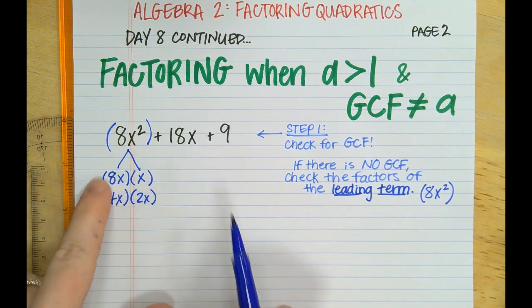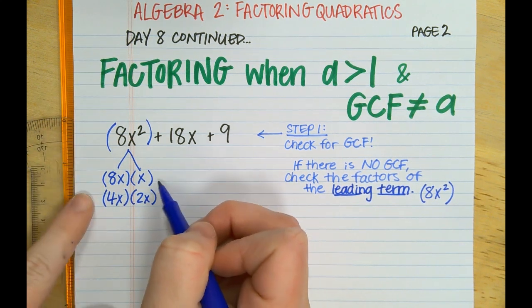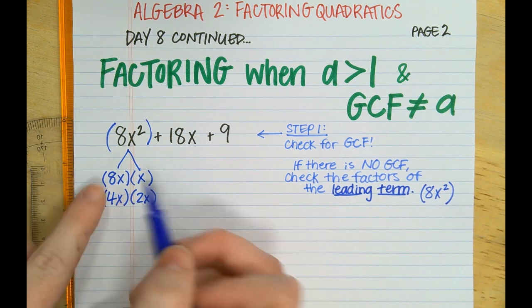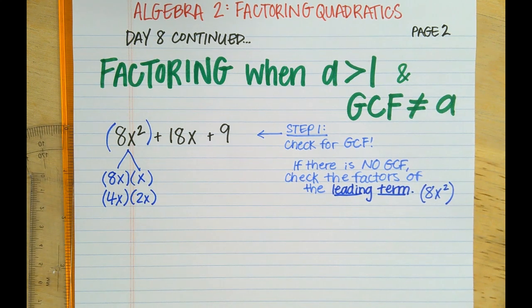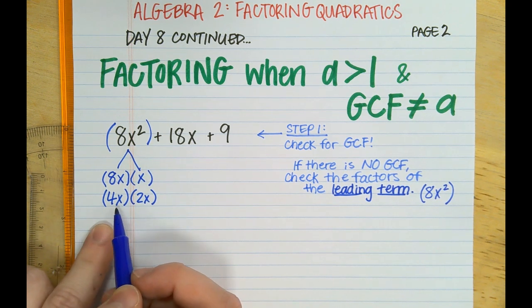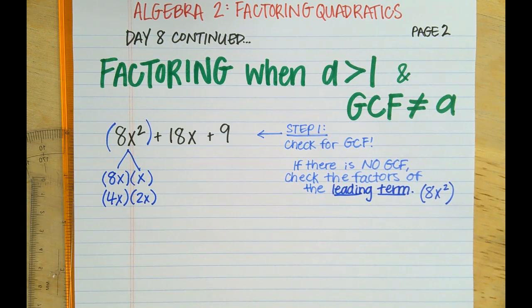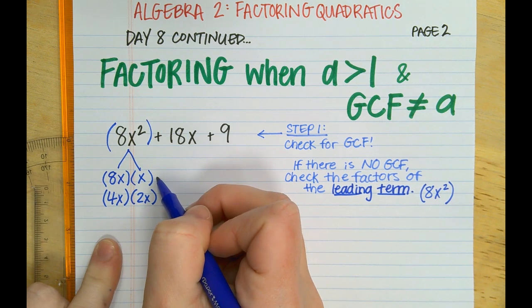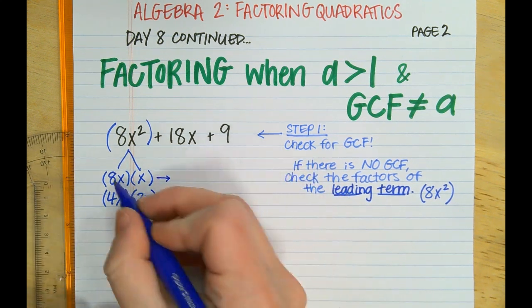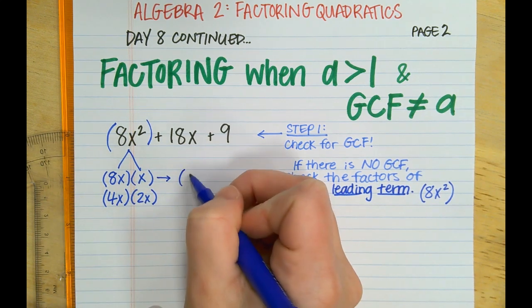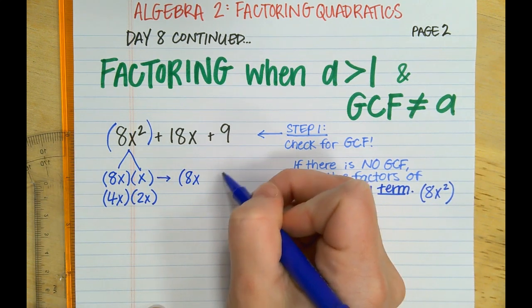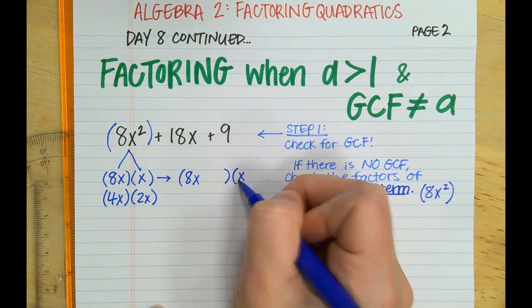So I know now that my answer is either going to look like 8x plus or minus something times x plus or minus something, or it could be 4x plus or minus something times 2x plus or minus something. So let's look at this option first, 8x and x.